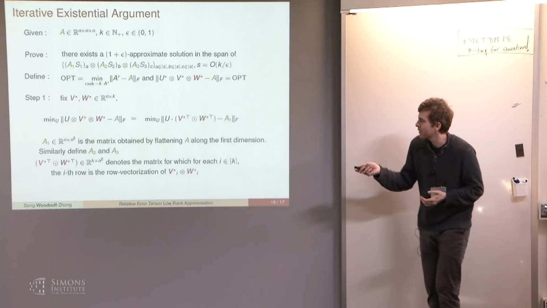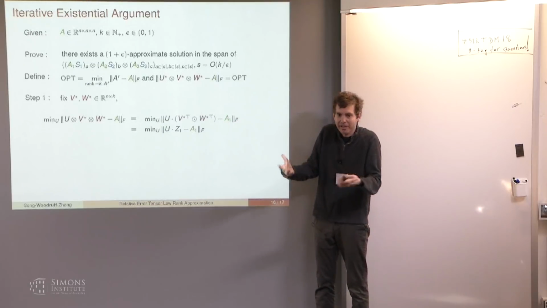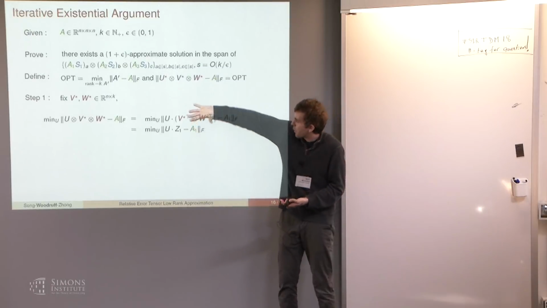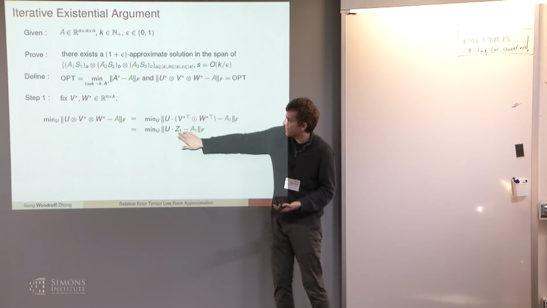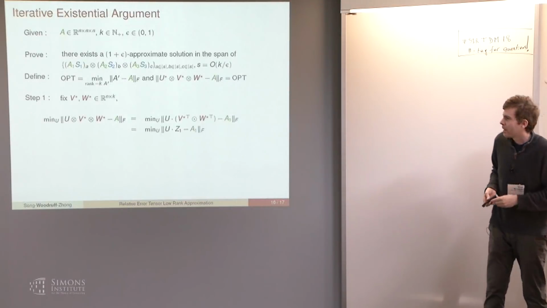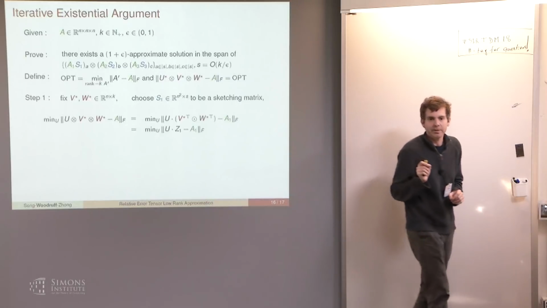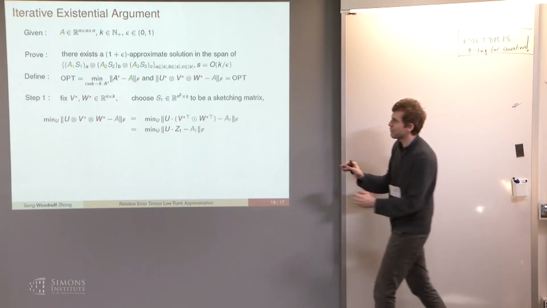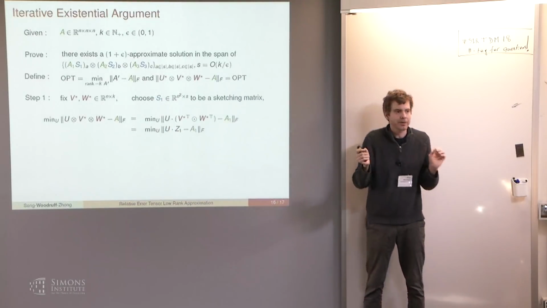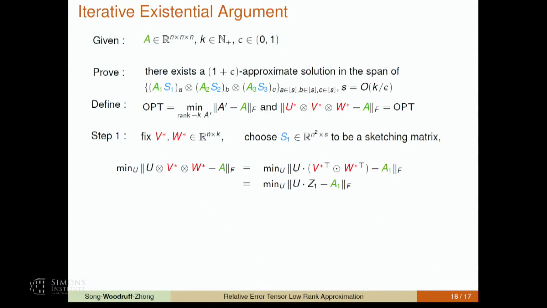So let me say what that means. So I've written this as a matrix problem. I'm still hopeless because I don't know V star and W star. Let me just call this k by n squared matrix Z1, some unknown matrix. Now, the main point of this is that what's known for matrices is that if I have this matrix problem, if I choose a random Gaussian matrix S1, and replace this matrix problem by sketching on the right.